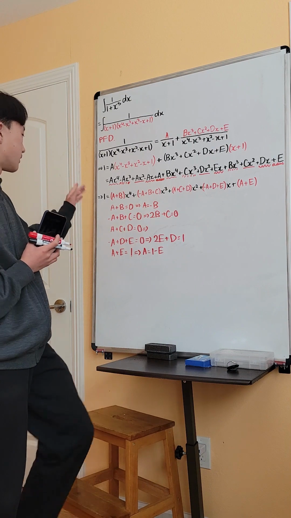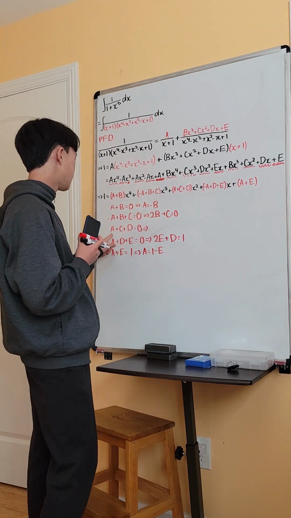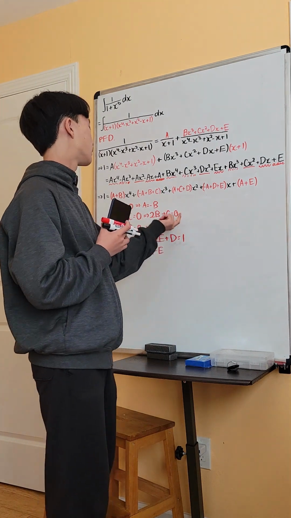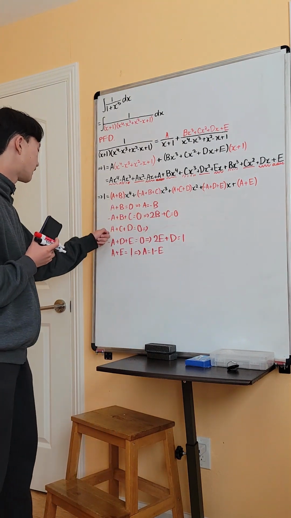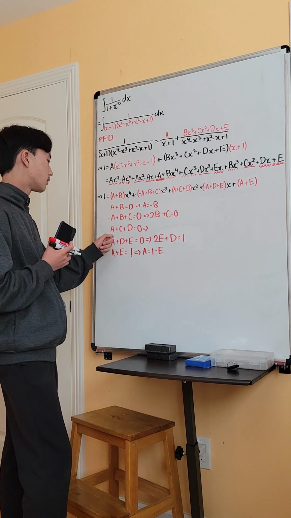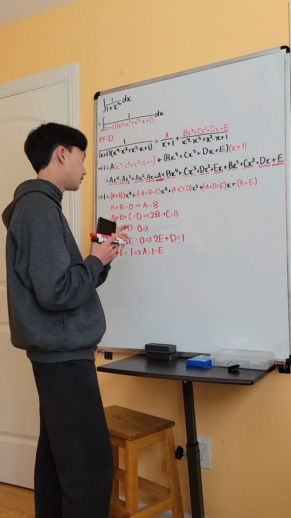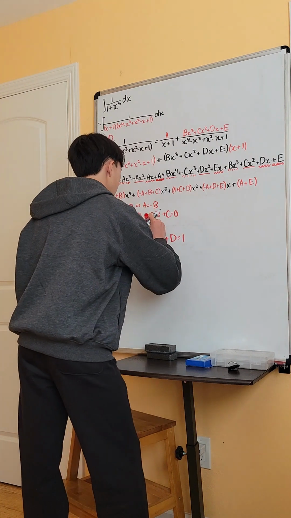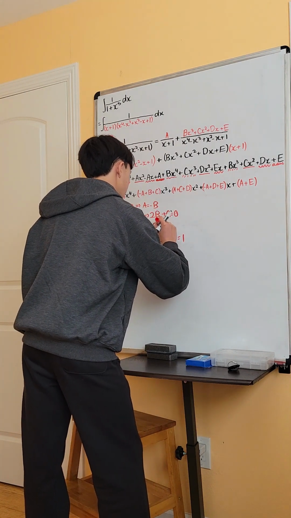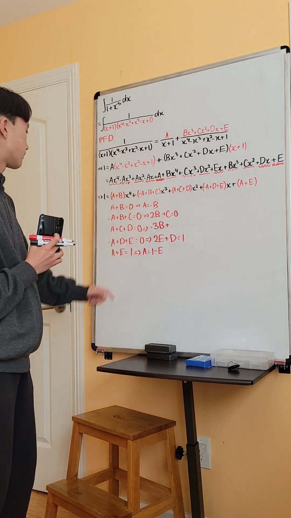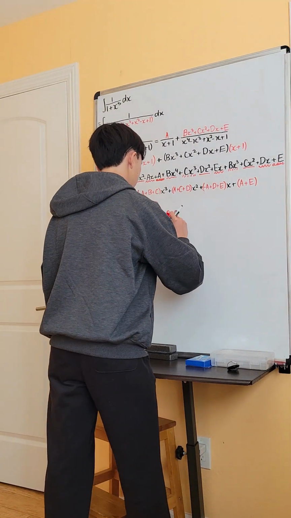Yeah, let's just put in a negative B here, and then if you move this over, we get negative C equals negative 2B. So we got a negative B here minus 2B plus D. All right, so a negative B minus 2B, that's negative 3B plus D, right, is equal to 0.